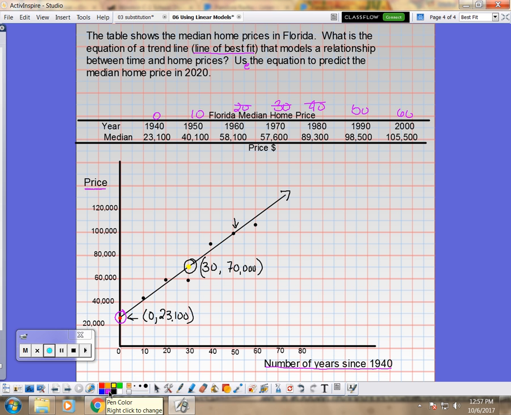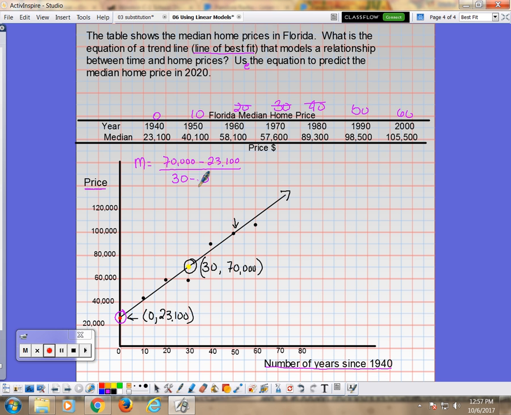So next step, I'm going to find my slope. So m equals 70,000 minus 23,100, over 30 years minus 0 years. You can get out your own calculator, or you can just wait and watch me.